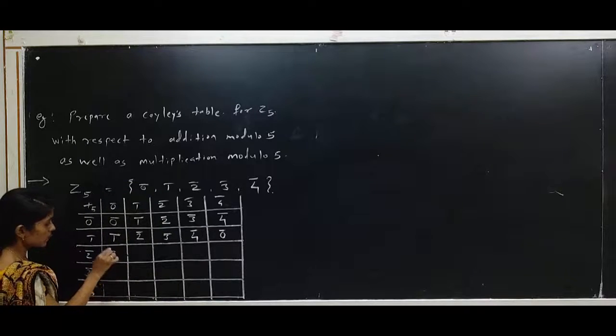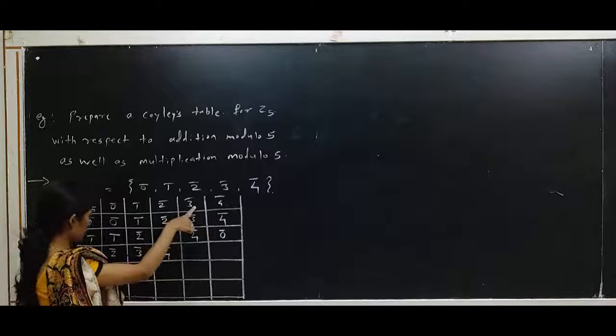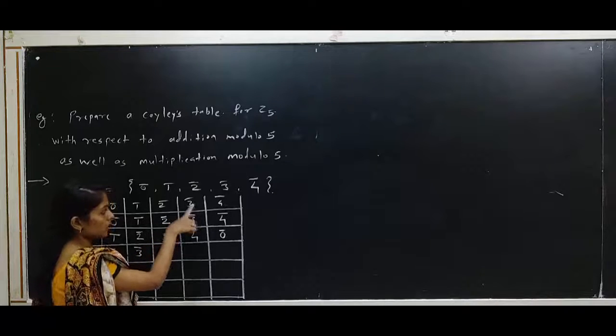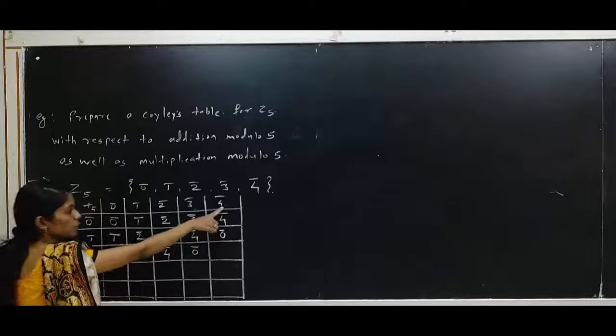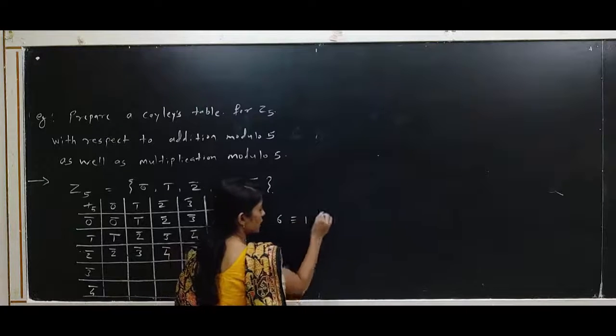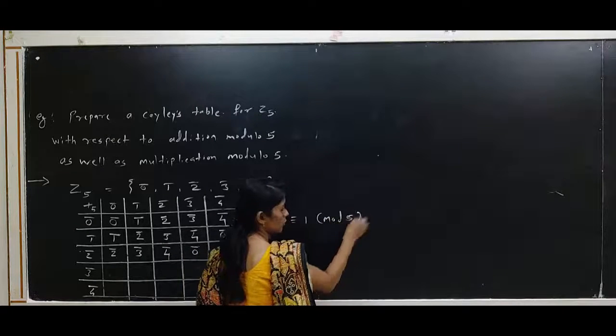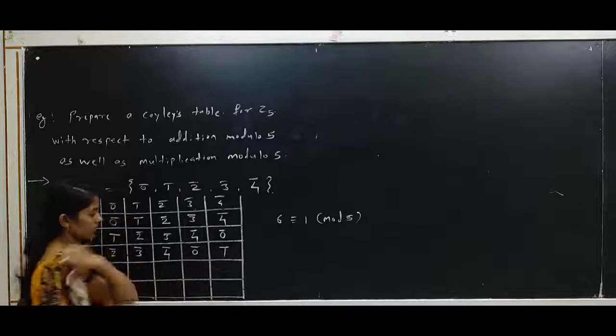Similarly, 2 plus 0, 2 plus 1 is 3, 2 plus 2 is 4, here 2 plus 3 is 5. Okay. So, modulo 5 that means we get 0. Now, 2 plus 4 is 6. So 6 is congruent to 1 modulo 5. Okay, so here the remainder is 1, so we get 1, right?